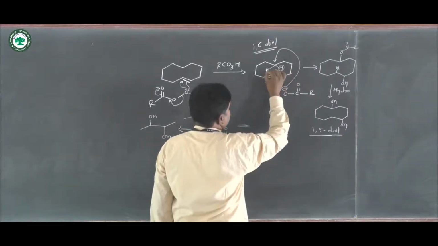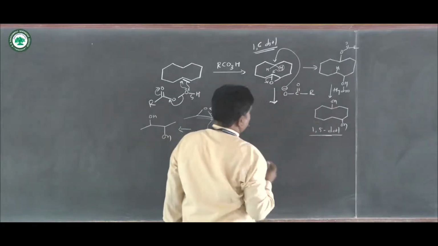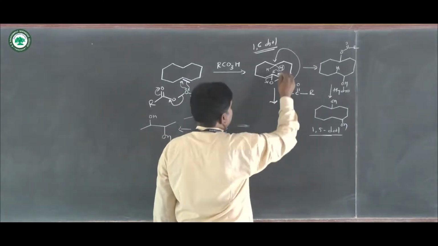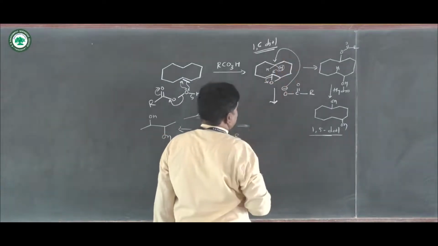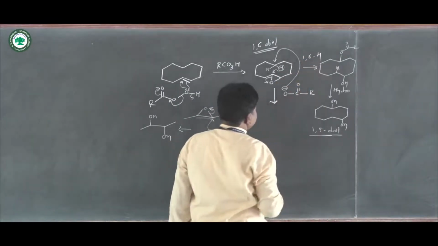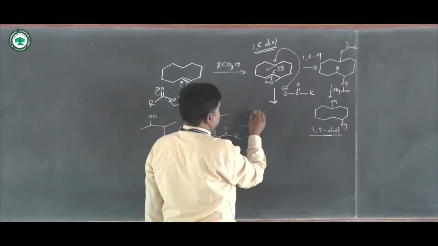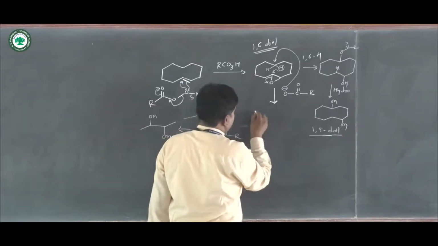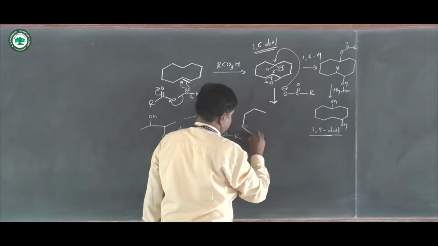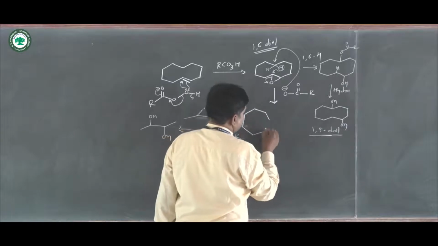If these two ring sizes are the same, at that time we get the 1,5 diol, but in this case the hydride shift carried out is a 1,5 hydride shift possible, and in this example a 1,6 hydride shift. Now in such cases the ring size will change, or it will accommodate like this: 2, 3, 4, 5, 6 and 7.